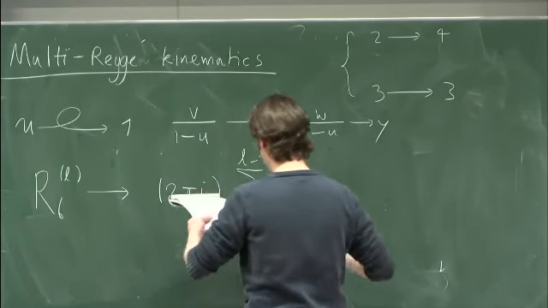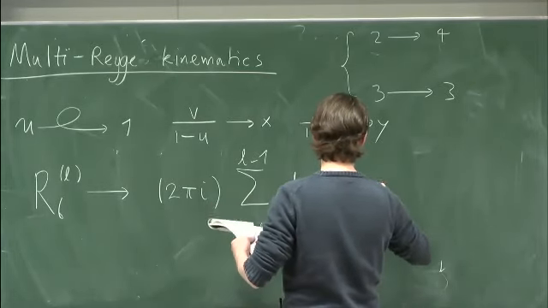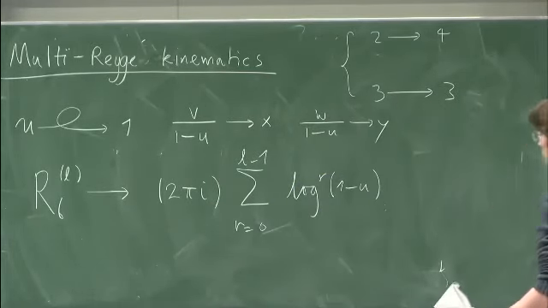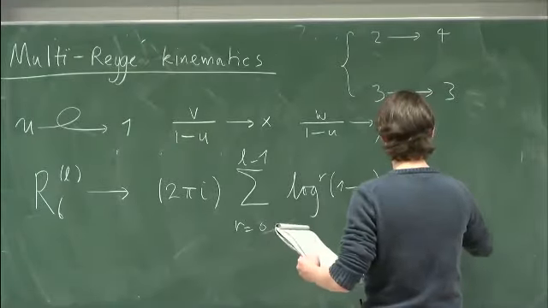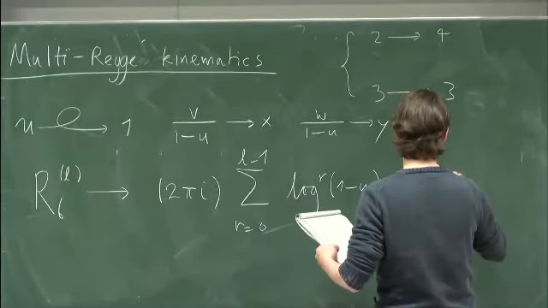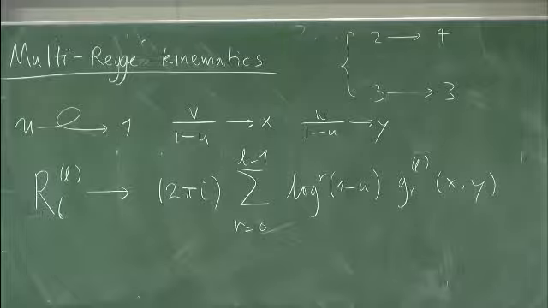And then you have an expansion of logarithmic divergences in the limit as u goes to 1. So logs of 1 minus u multiplied by some functions of the remaining variables, g, r, l, x, y.